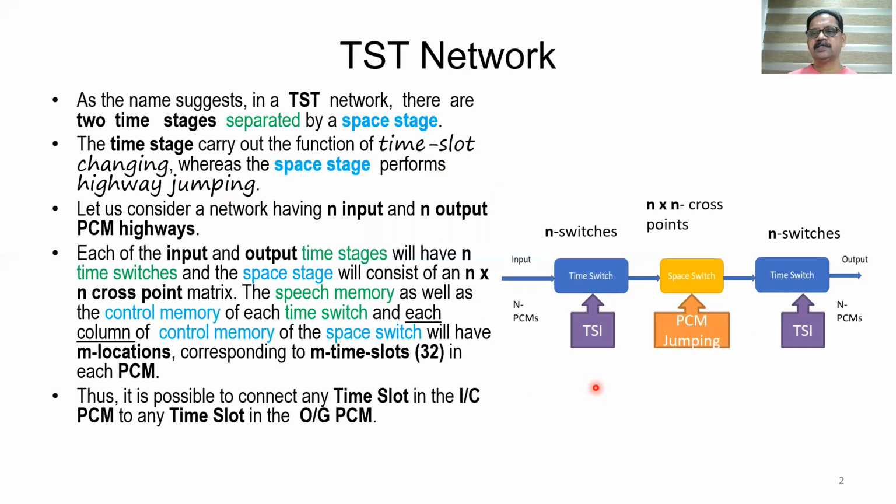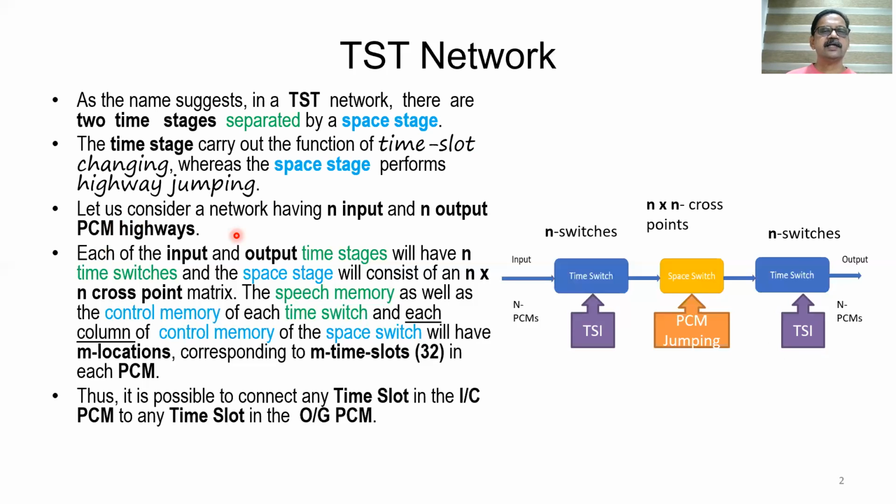So the time stages, either in the input or in the output, perform the time slot interchange function, whereas the space stage in between performs PCM jumping, or change of PCM.